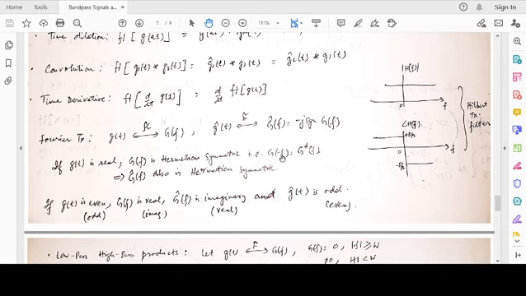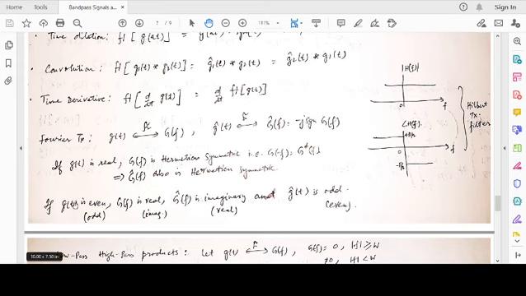Now, if G(f) is real, what can we conclude about G cap(f)? Signum(f) G(f), G(f) is real, you have j. So G cap(f) is a purely imaginary number. If G cap(f) is purely imaginary, then what can we conclude from the inverse Fourier transform of G cap(f)? G cap(t) is an odd function.